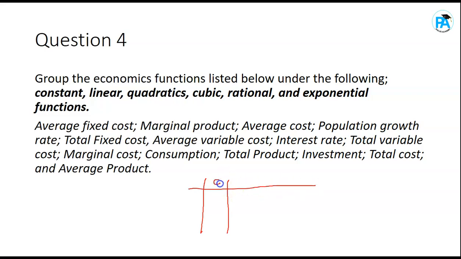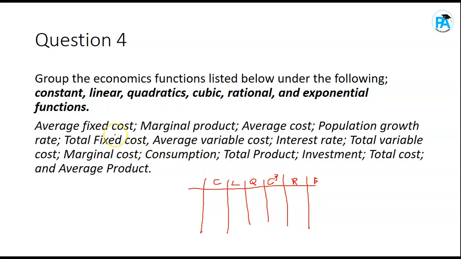We put constant functions here, linear functions here, quadratic functions here, cubic functions here (you have to write it in full, I'm just writing it short), then rational function here, and exponential function here. Now we are going to group them accordingly.